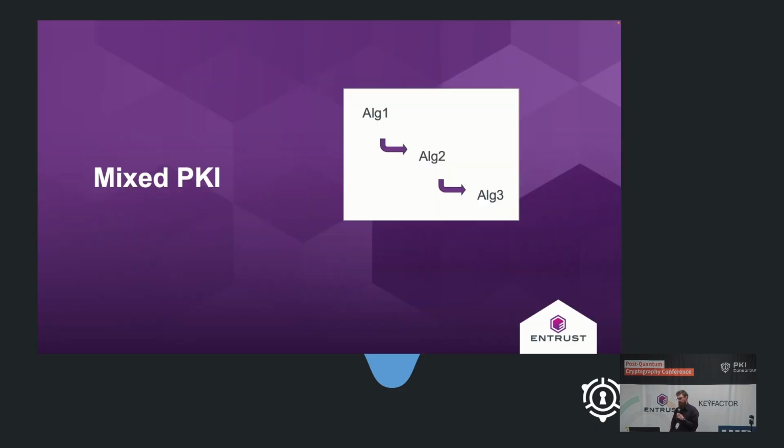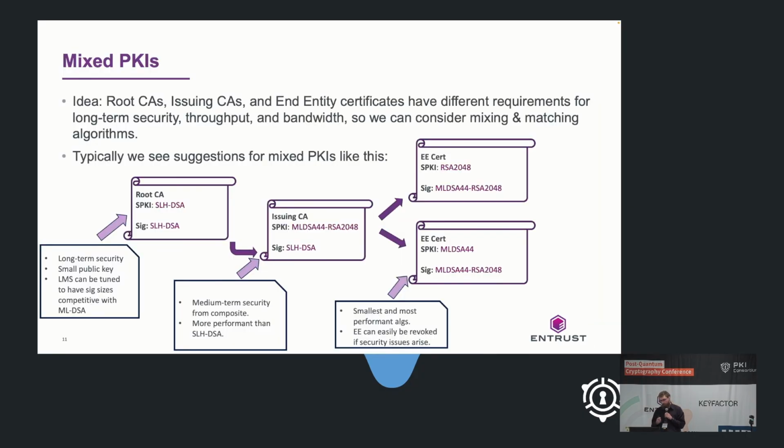Mixed PKIs. This is the idea that you use a different algorithm at different layers of your PKI. Today, if you're doing an RSA 2048 PKI, you just do RSA 2048 top to bottom, easy, done. That is probably not the best way to deploy post-quantum. So we typically see mixed PKI proposals where you put a hash-based algorithm at the top.